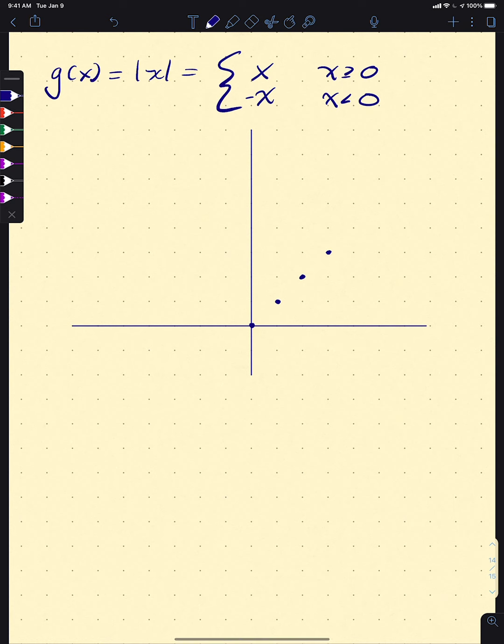And I feel confident enough to connect this part of this piecewise function with a line like that. Okay, well now what about this side here? If my point is at -1, well then I go up 1. If my point is at -2, I go up 2, and so on and so forth.